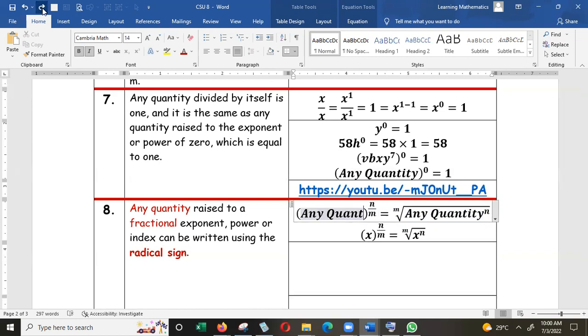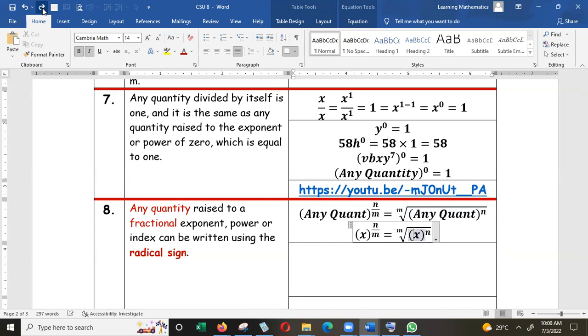So any quant raised to n over m is that same quant under the radical sign with a power or an exponent of n, that's the numerator, and the degree of the radical sign will be the denominator.